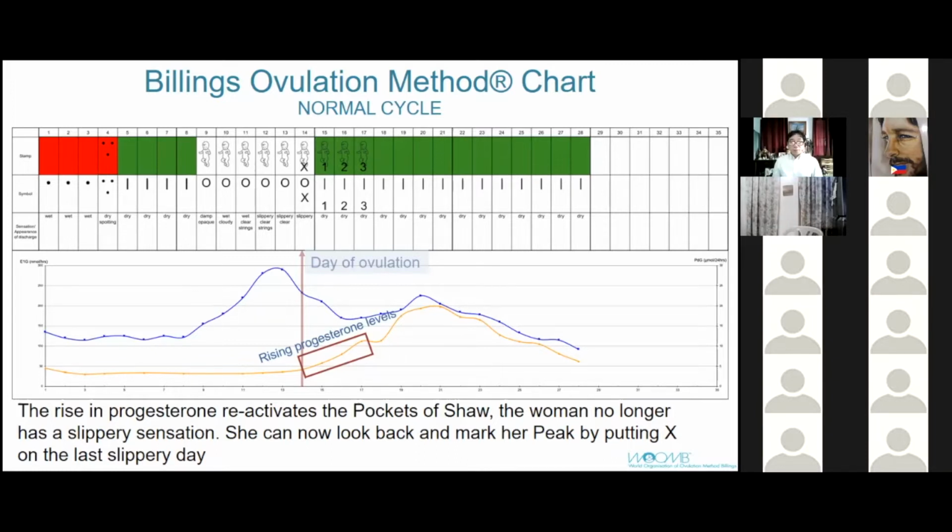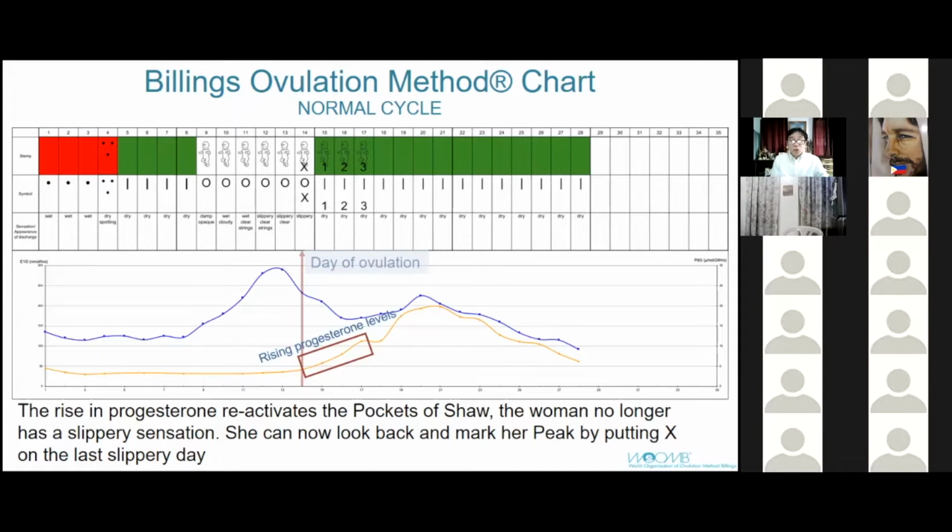That is why there will be a sensation of dry after the peak day, or there will be no more sensation of slipperiness after the peak day. I want you to focus on the yellow line, starting from day 1 until day 14.